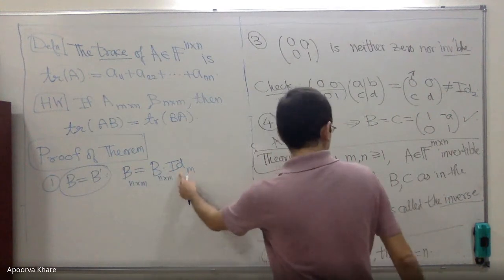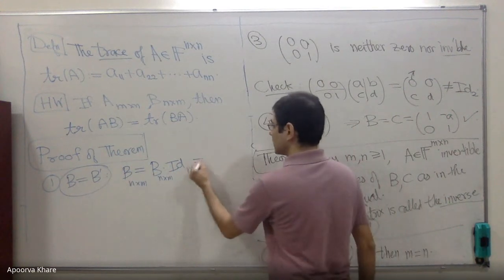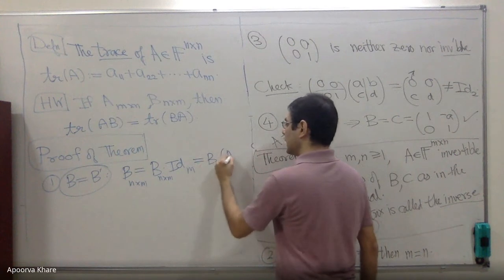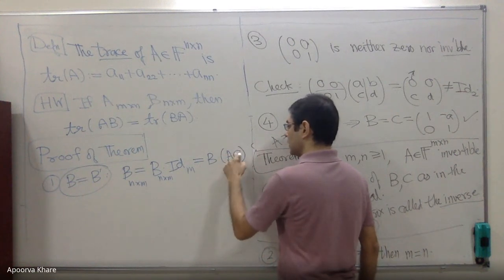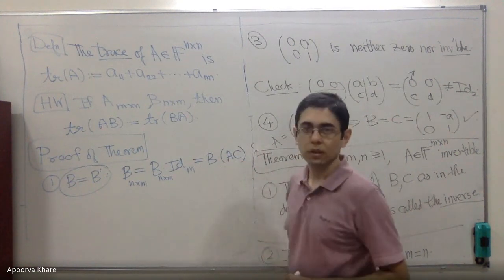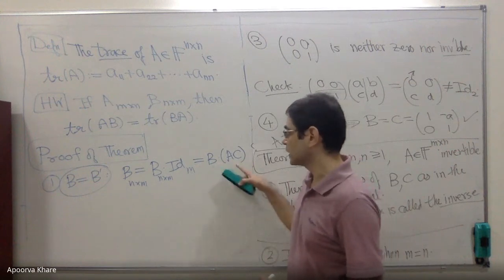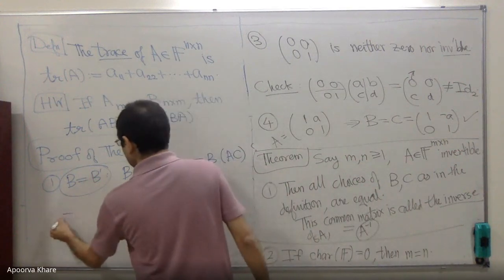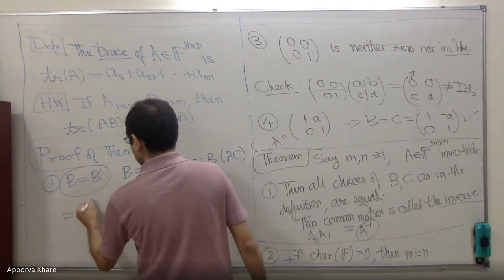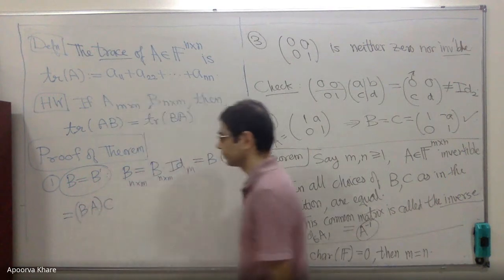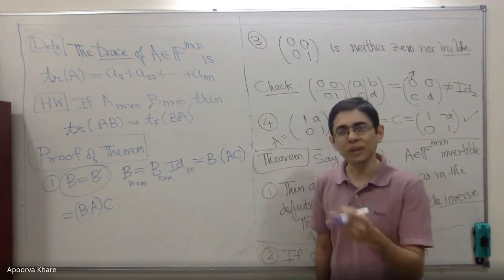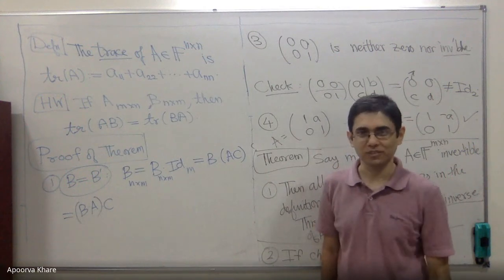But now what is identity? We know that because the C exists, this is equal to B times A times C, since A times C is the identity matrix. And now because multiplication is associative, I write this as B times A times C. We just do it one step at a time using these matrix operations.